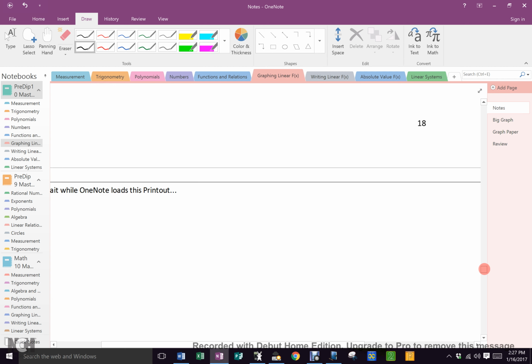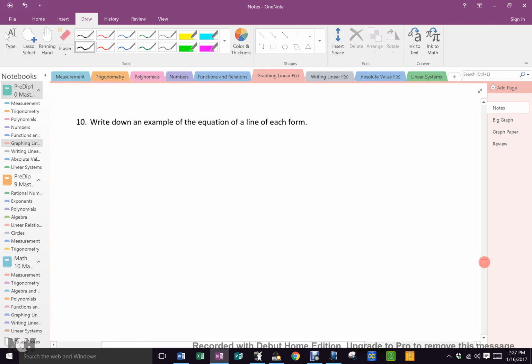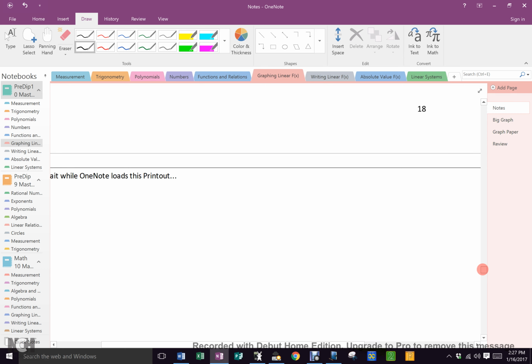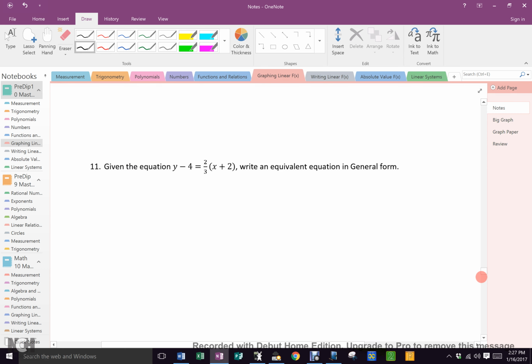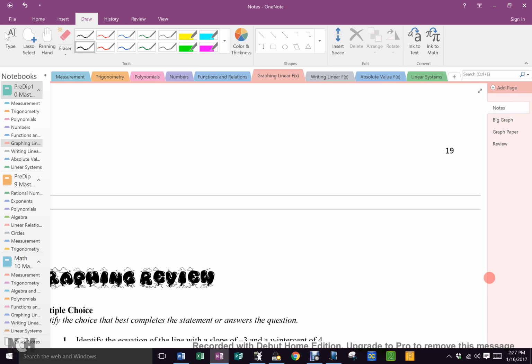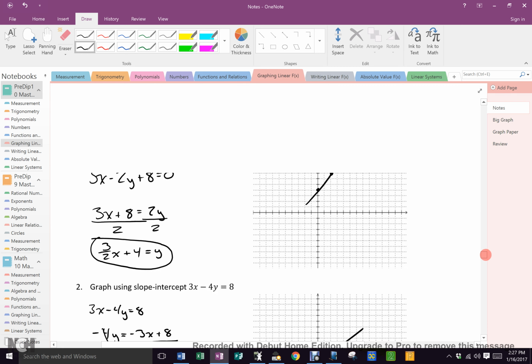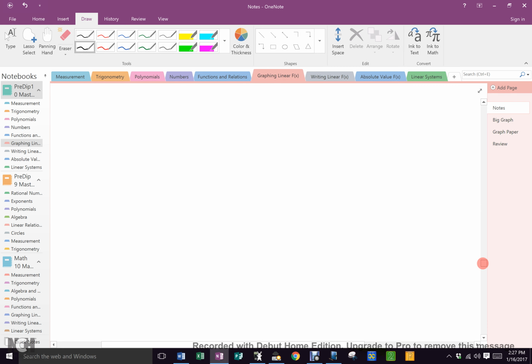And just let me look at this. Page 18. I want you to attempt 18 and 19 for homework. Page 18, yeah. Oh. So whatever the page is that starts with write down an example of the equation of a line of each form. 19, 20.